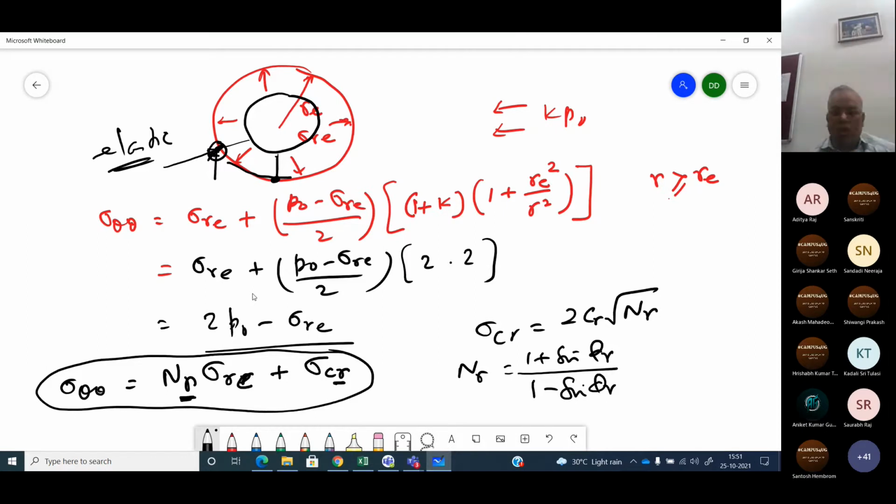So now these two must be the same, because there must be stress continuity, otherwise problem.